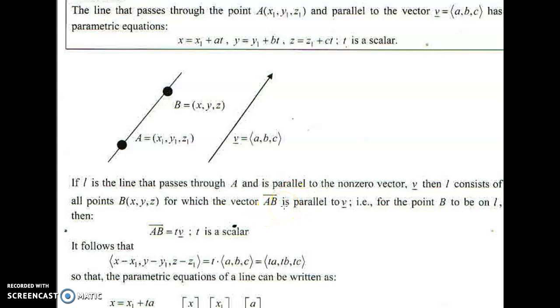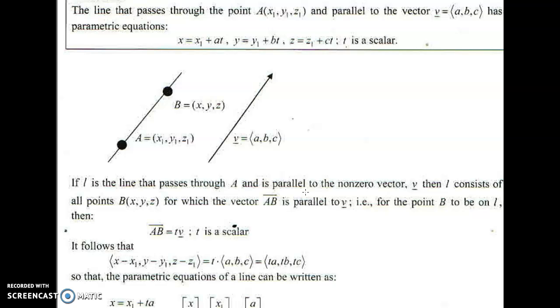We still don't know the value; this is just a concept. That vector can be said to be parallel to V because they go in the same direction.